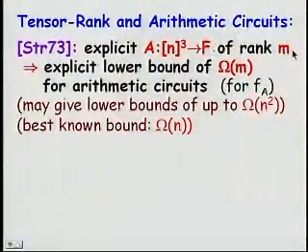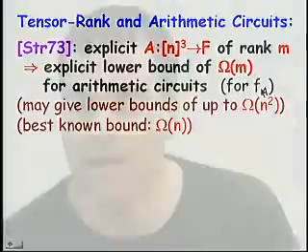What Strassen showed is that given a tensor A of dimension 3, A from F^(n to the 3), the rank of A is a lower bound for the arithmetic circuit complexity of the polynomial f_A. So in particular, if you are able to give an explicit tensor A from F^(n cubed) of rank m, then you get a lower bound of omega of m for an explicit polynomial f_A.